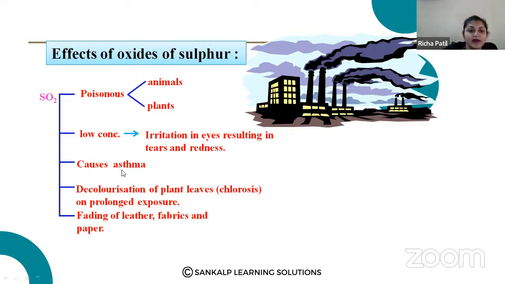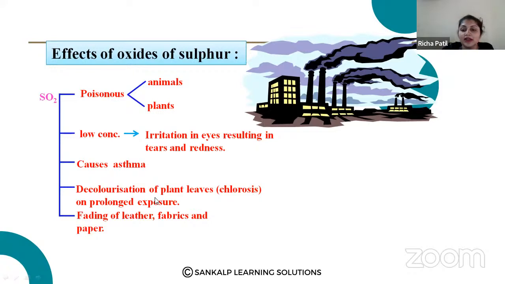So what else does sulfur dioxide cause? It causes asthma. Then decolorization of plant leaves. You know chlorophyll, right? The pigment which gives color to plant leaves. So when sulfur dioxide is released in the atmosphere, plants will undergo decolorization.